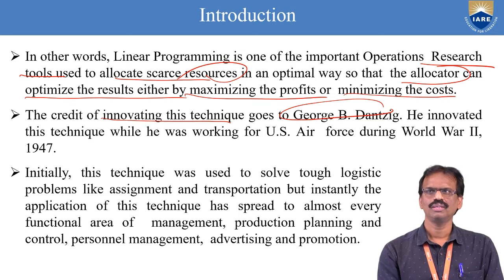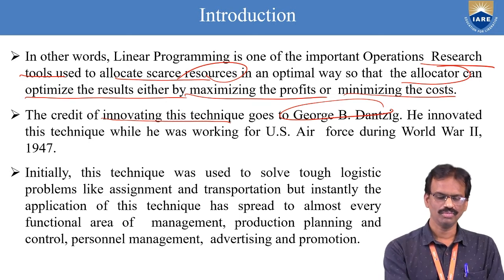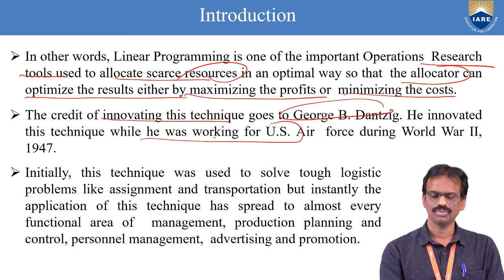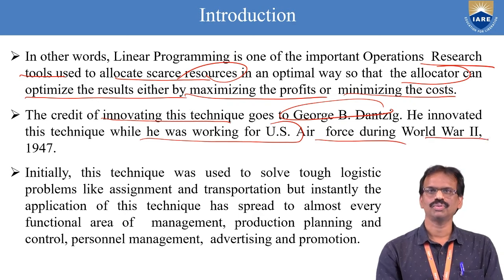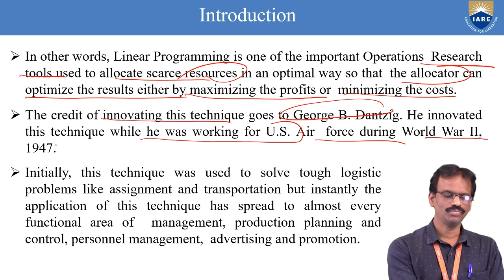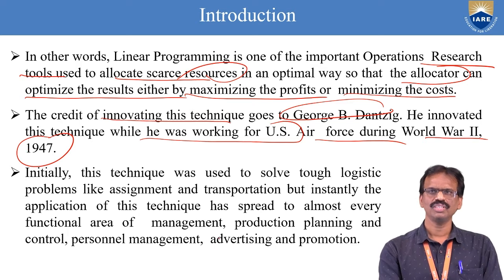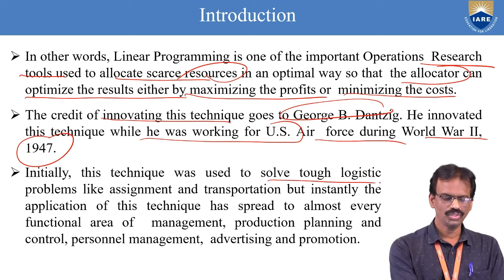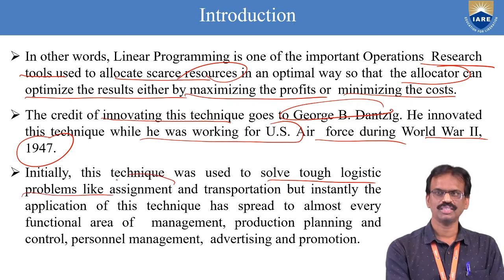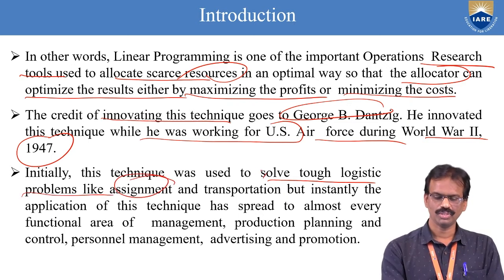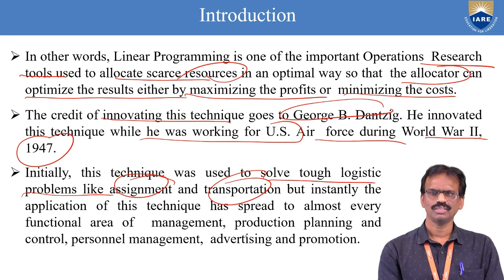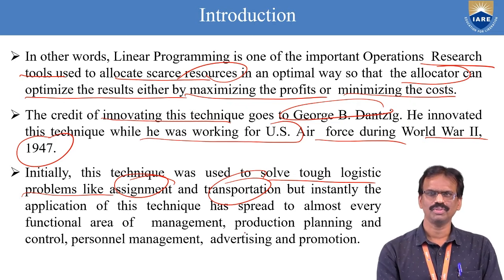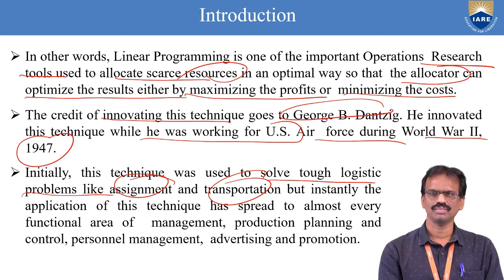He innovated it while working in the US Air Force during World War II, in 1947. Initially this technique was used to solve logistic problems, such as assignments and transportation, assigning missions to operators and minimizing transportation cost.